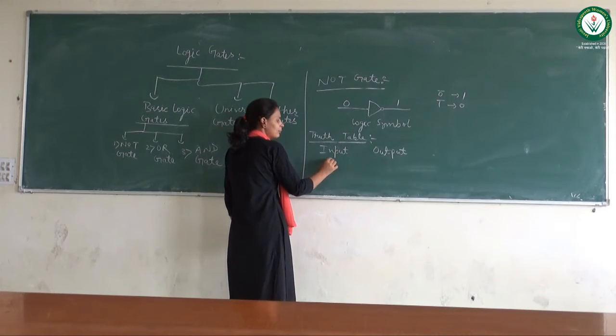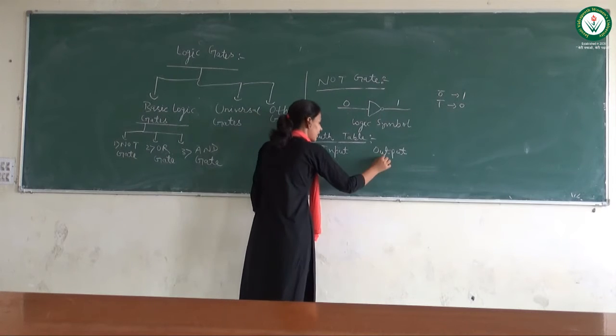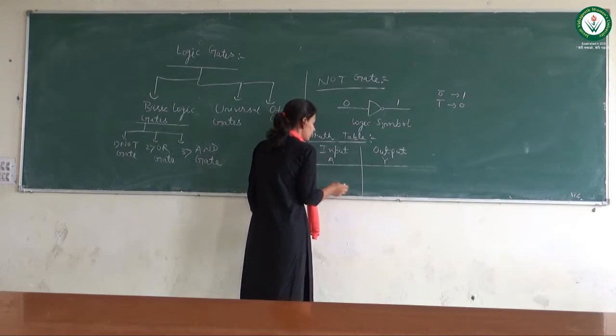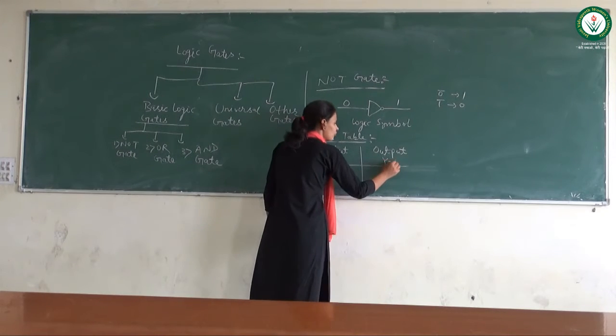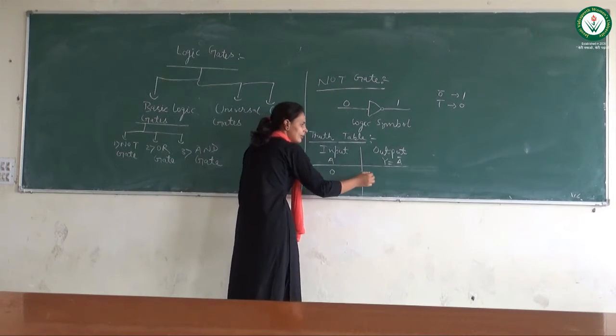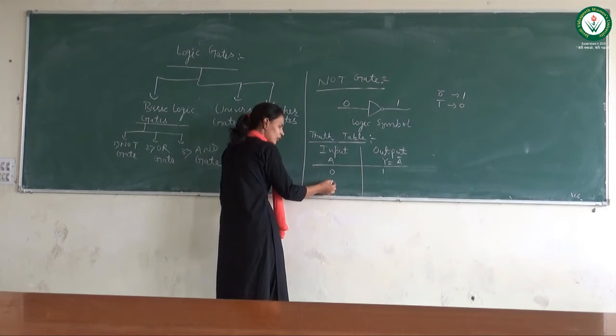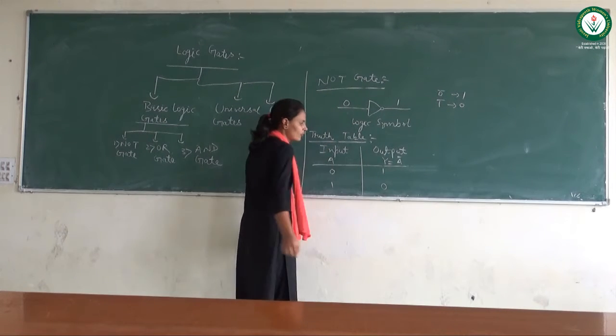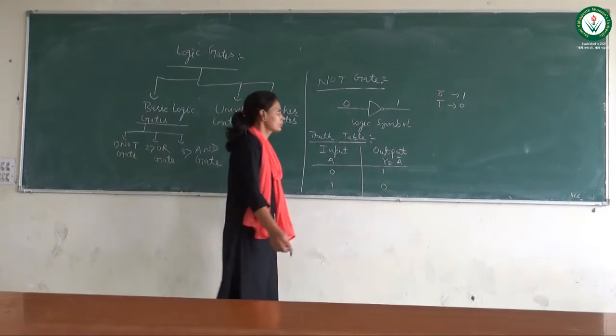Suppose A is the input of NOT gate and Y is the output of NOT gate. So if A is the input, then output will be A bar. If the value of A is 0, then Y will be 1. If the value of A is 1, then the output of NOT gate will be 0.